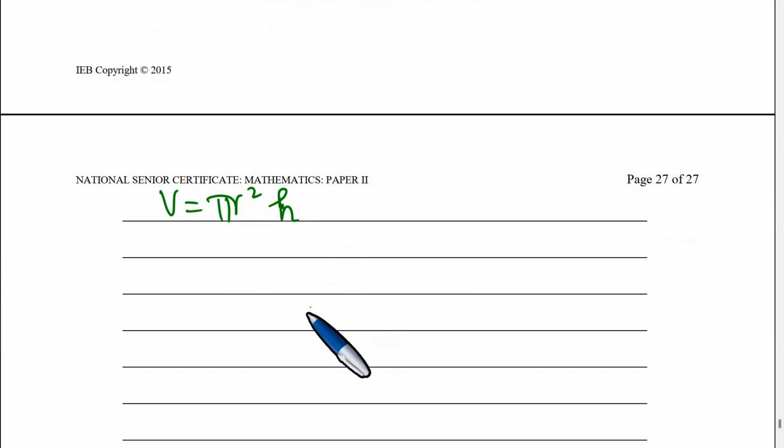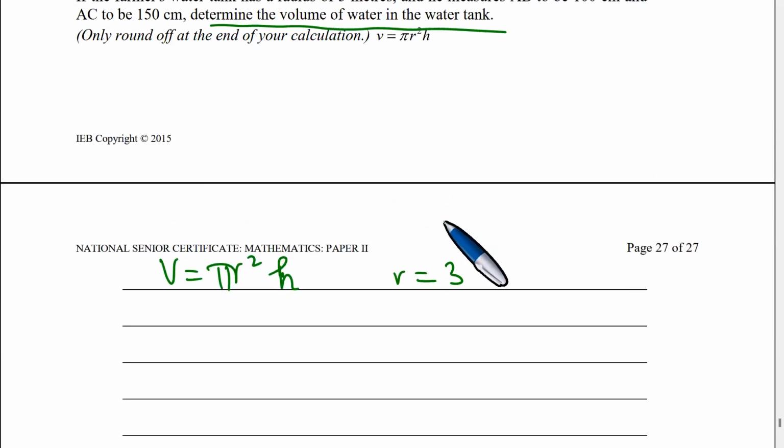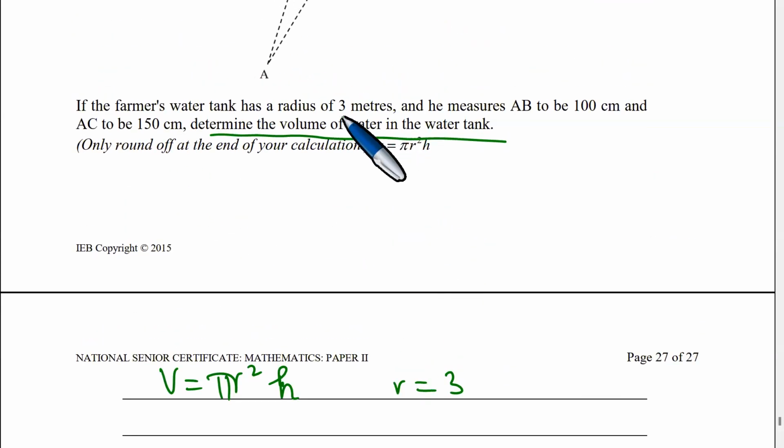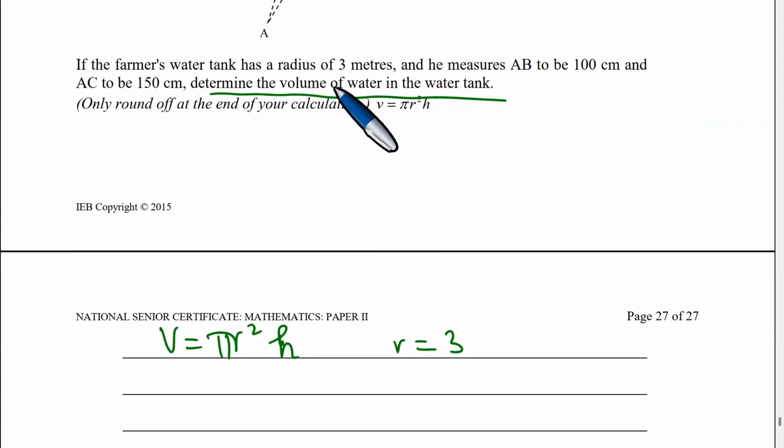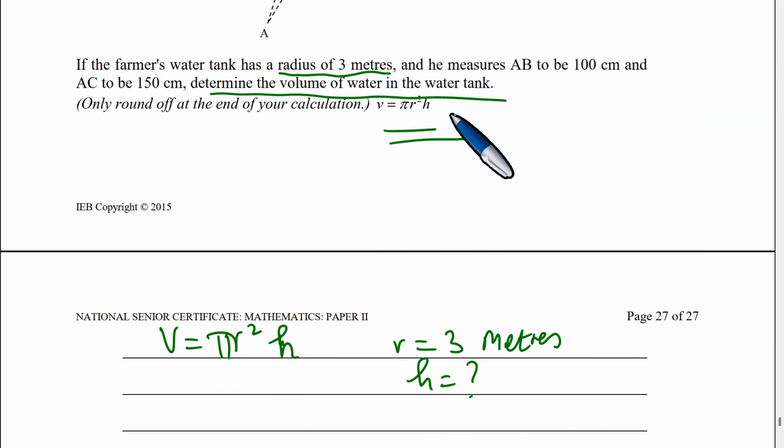The radius is already there, it is 3 meters. The only thing missing is the height. If you find the height, then we shall be able to find the volume, because we're supposed to use this formula. What is the height?